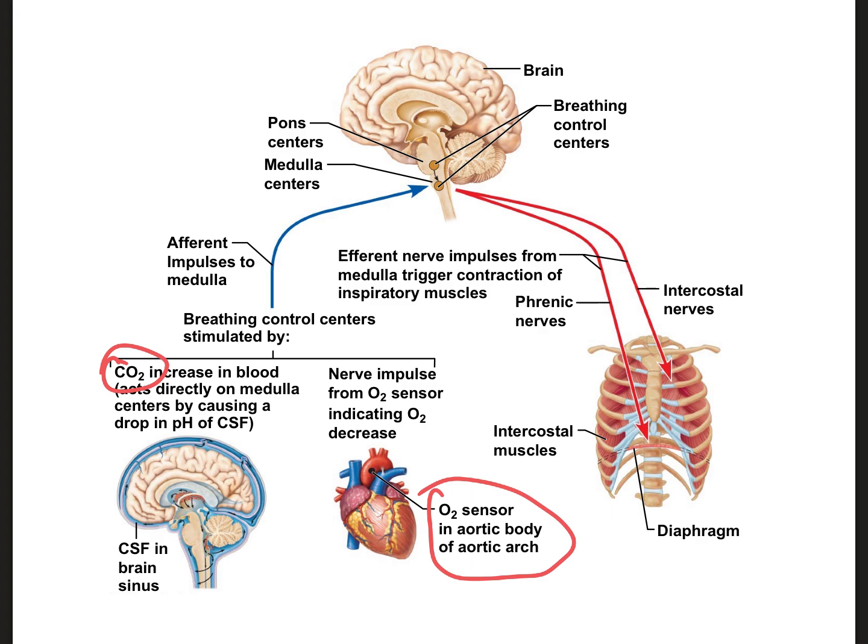So first, let's look at oxygen. Oxygen sensors are in the aortic body and the aortic arch. So there are chemoreceptors, you'll see that in a second, right? These are receptors in that part of the blood vessel, outside the heart, that will consistently measure the levels of oxygen in the blood.